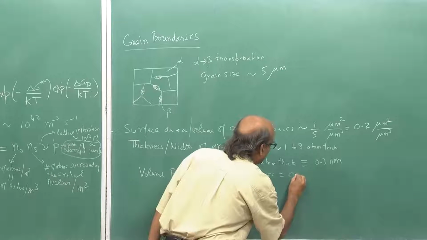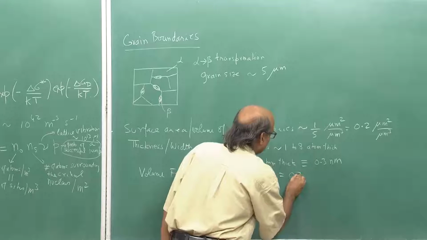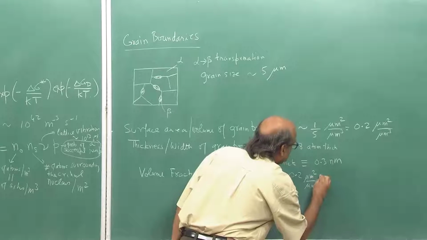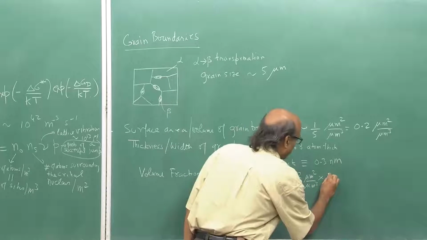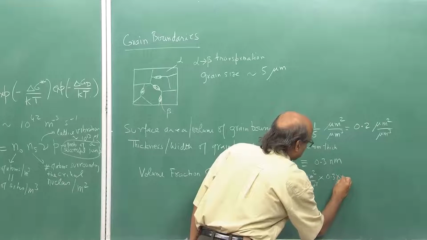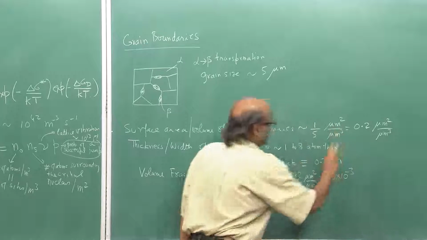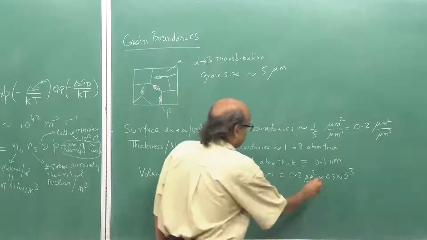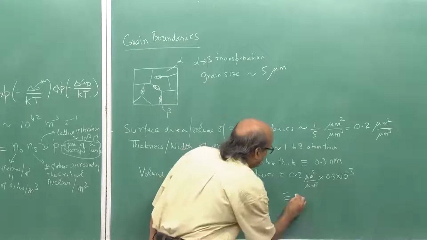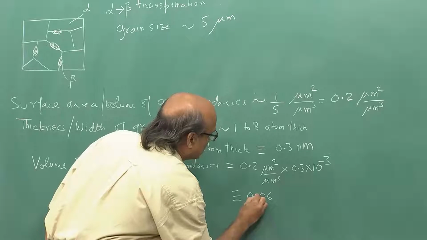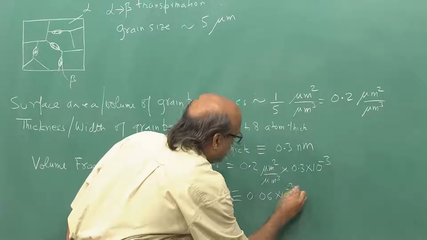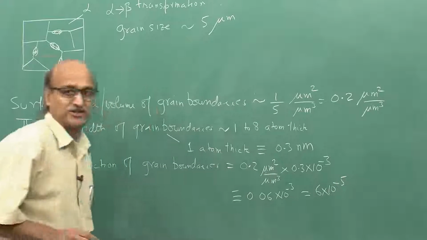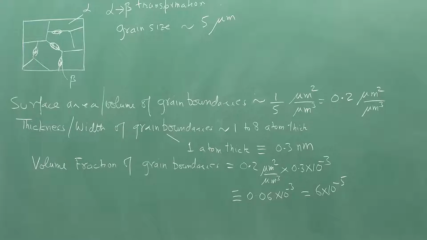So, that is 0.2 micrometer square per micrometer cube multiplied by 0.3, this is in nanometers, let me convert this to micrometers. This turns out to be 0.06 into 10 to the power minus 3, which is equal to 6 into 10 to the power minus 5. That is the fraction of boundaries present in the material.